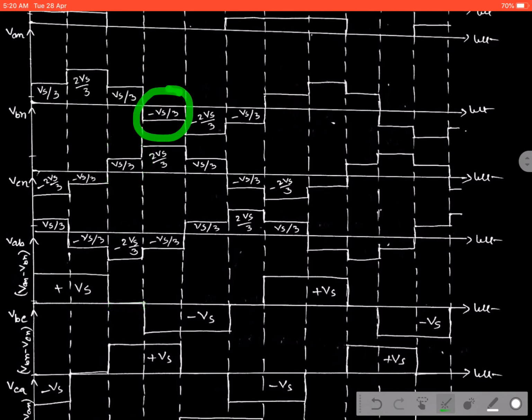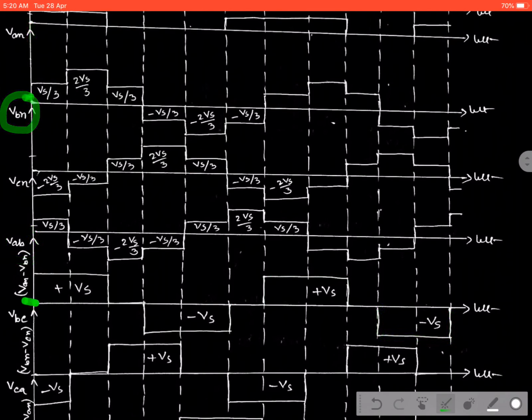Next, that is minus Vs by 3 minus of 2 Vs by 3, it will give you minus Vs, and minus Vs by 3 minus 2 Vs by 3, again it will provide you minus Vs. That means during this duration, the voltage appearing across, that is VAB, is minus Vs. In a similar way, the next voltage will appear here and the next voltage will appear here. So this is all about VAB, that is VAN minus VBN.